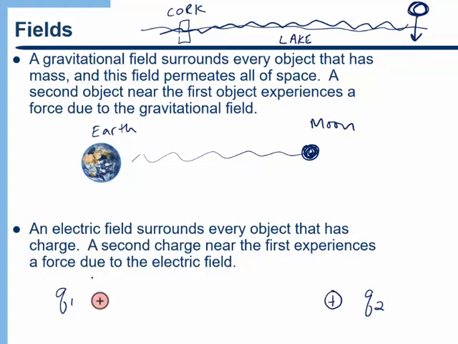And therefore, if we change, for example, the position of Q1, that change has to propagate through the electric field in order for Q2 to know that something has changed. So that's the modern way that we view this problem. By the way, both gravitational fields and electric fields propagate at the speed of light.